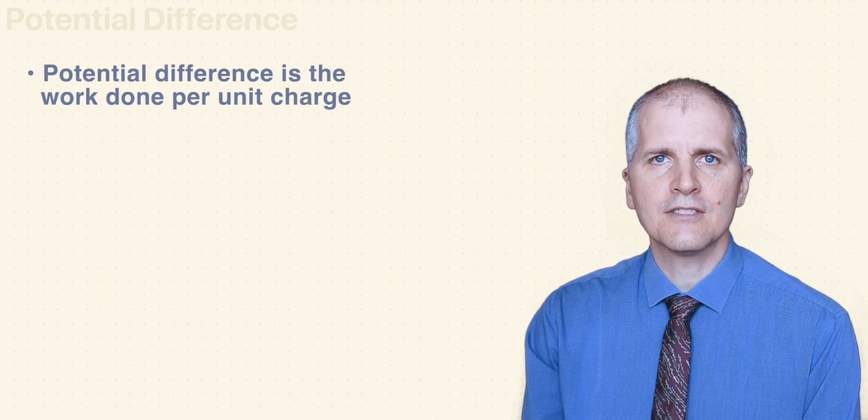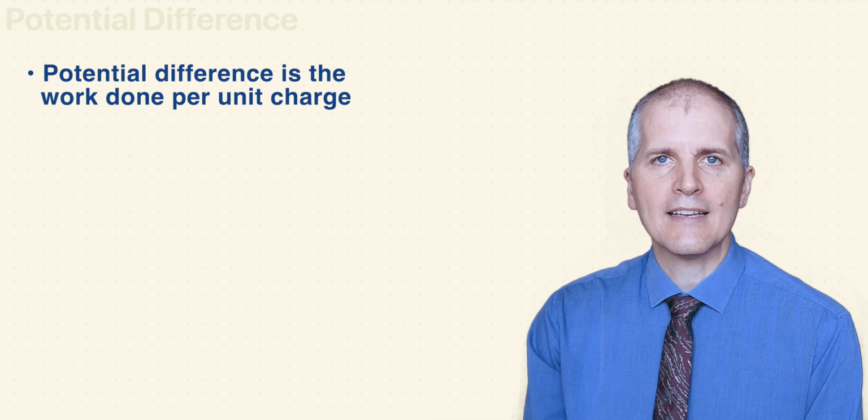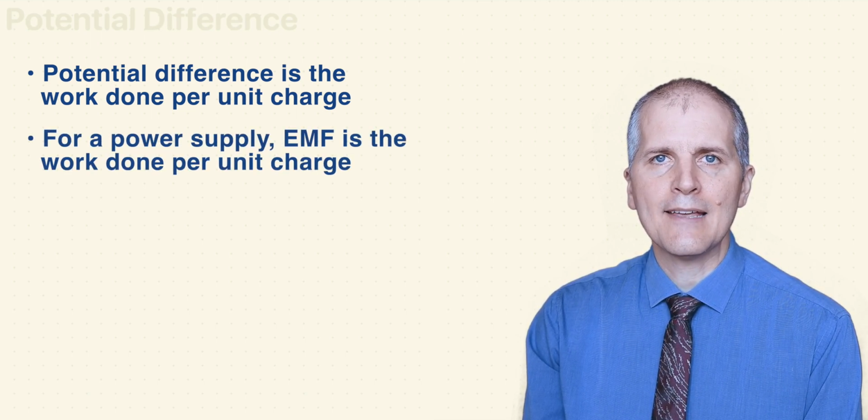So that's quite a lot of material, and it is a tricky topic anyway, potential difference, but try to lay it out clearly. We know that the potential difference is the work done per unit charge, and if we're talking about a cell, we think of it as the EMF being the work done per unit charge.